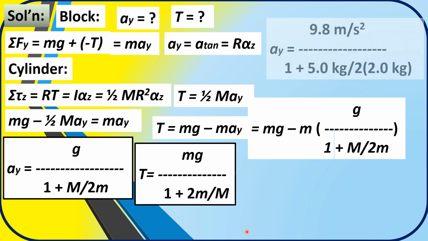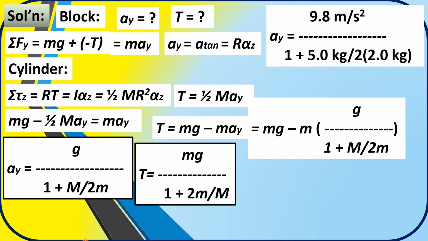Starting with a sub y, we substitute 9.8 meters per second squared divided by 1 plus the mass of the solid cylinder, which is 5.0 kilograms, divided by twice the mass of the smaller object, which is the block, 2.0 kilograms. Doing our math, we get the value for a sub y, which is 4.4 meters per second squared to two significant digits.